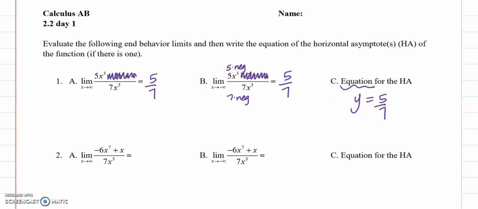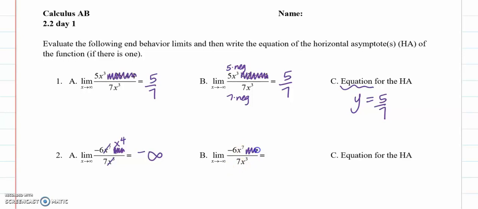Number 2. Different functions, but it's the same kind of idea. So I'm going to cross out the things that won't matter anymore, and x to the 7 over x cubed becomes x to the power of 4. When you go to infinity, this will also go to infinity, but notice the negative coefficient. So we have this going to minus infinity.